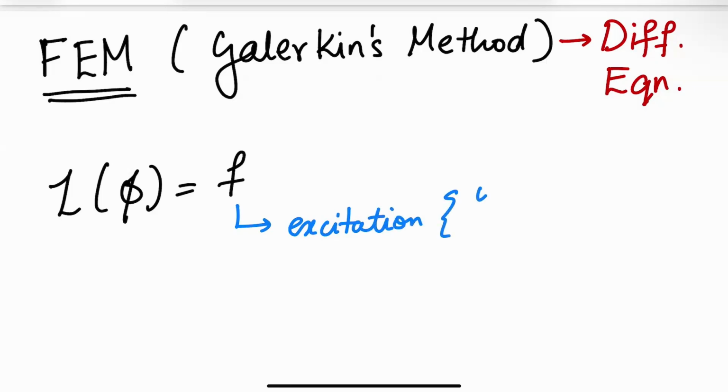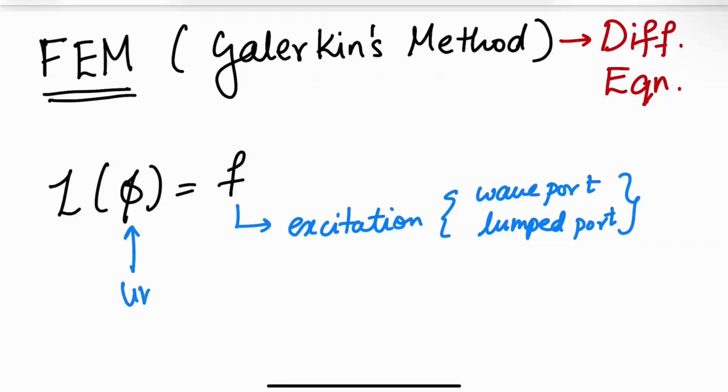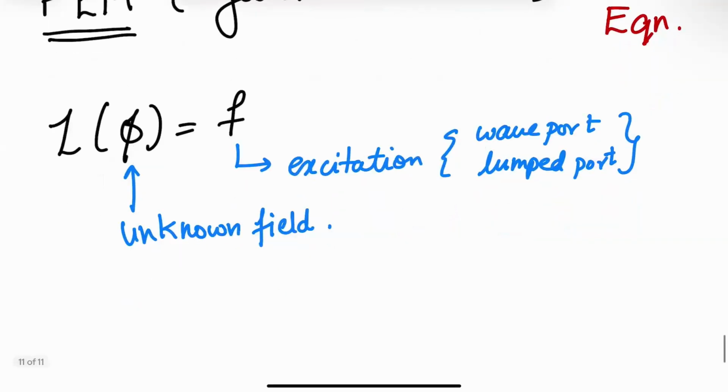This could be a wave port, lump port, or some other excitation in HFSS. This is your unknown quantity, usually the electric field. Let's say unknown field. It could be a vector, it could be scalar. I'm just writing it as phi.